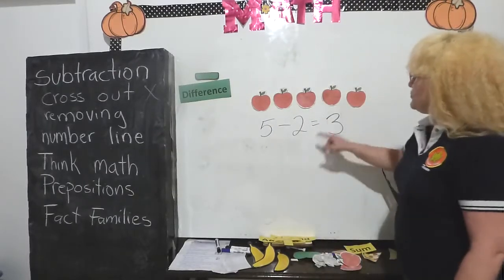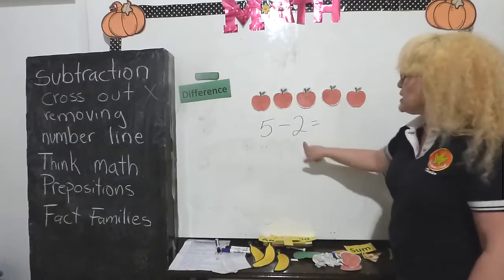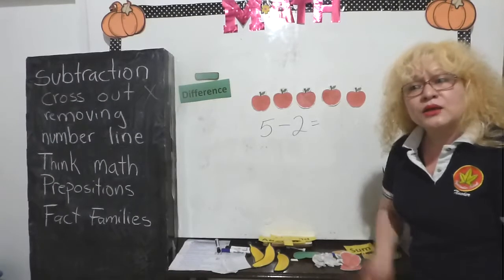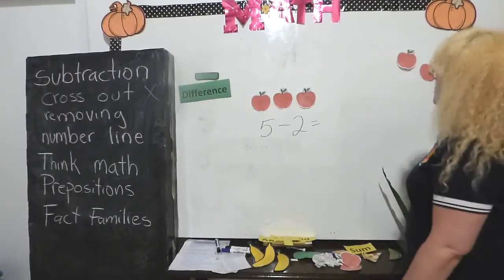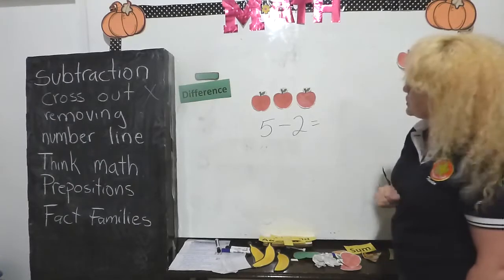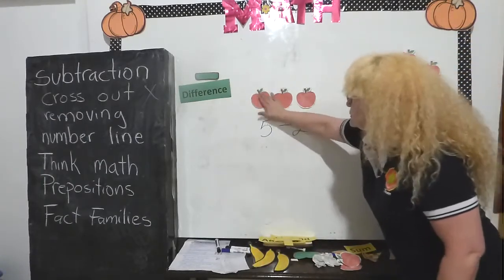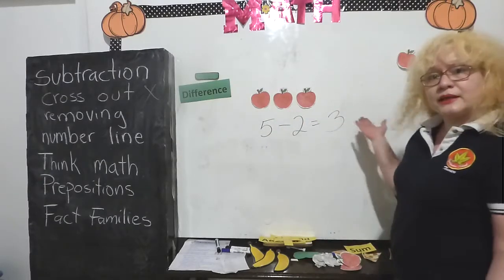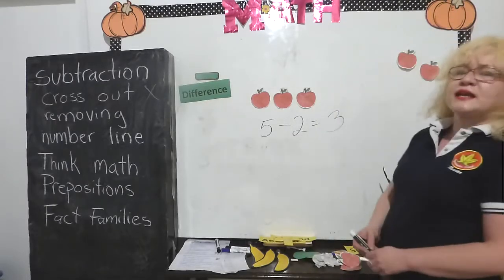So 5 minus, I'm going to use the same numbers, 5 minus 2. I have to take away how many? 2. 1, 2. How many are left? 1, 2, 3. They're being rebels today. Okay, 3. Get it? Okay, there's another way of subtracting.